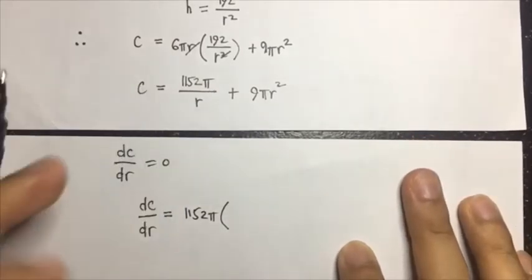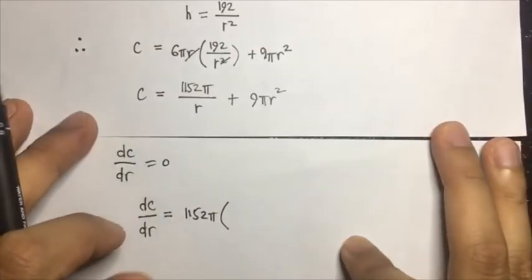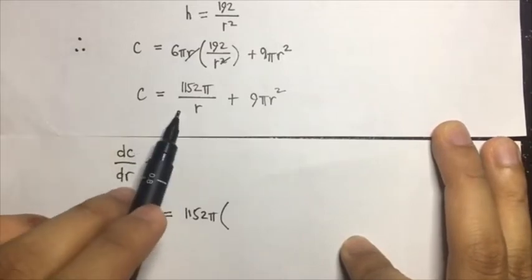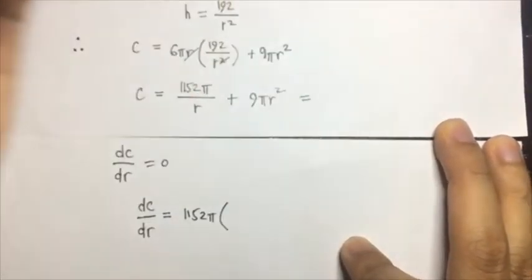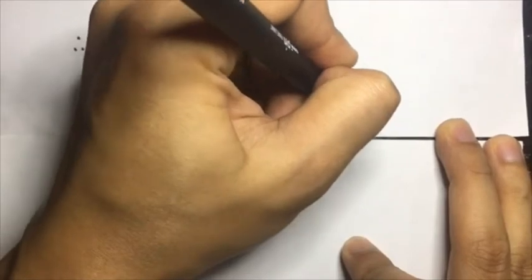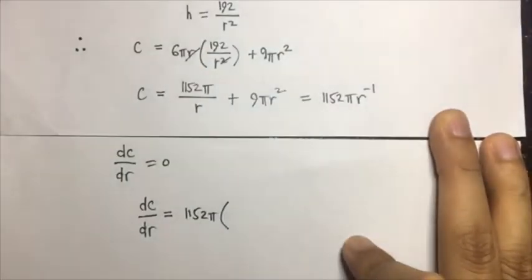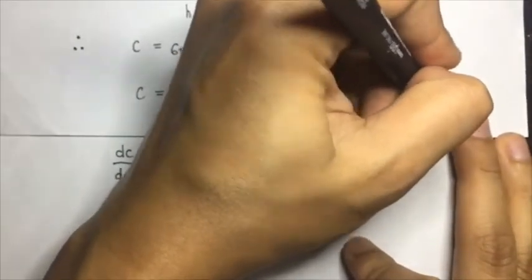Since that is r raised to negative 1, you can also write it as 1152 pi r raised to negative 1 plus 9 pi r squared.